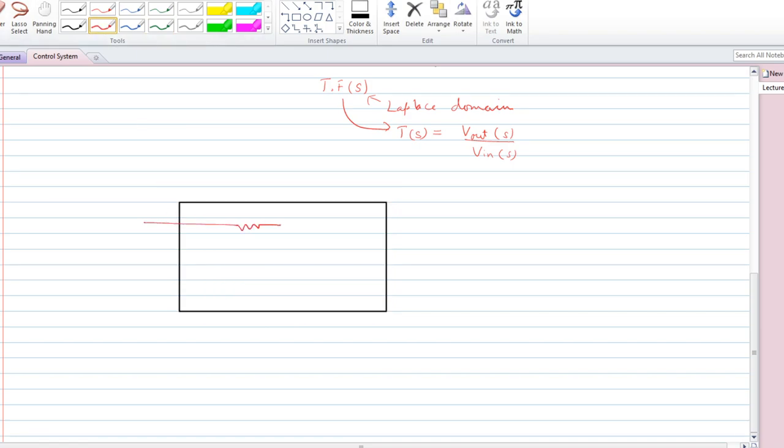This is your R, and here we connect a capacitance C, and we can write it in its Laplace domain form, that is 1 by sC, and this is V out(s) and V in(s).